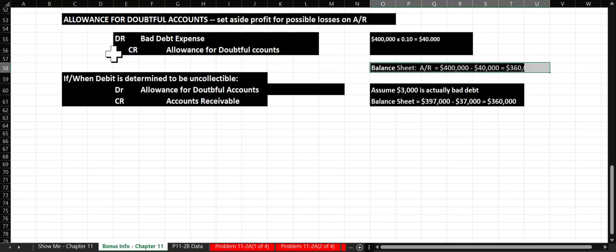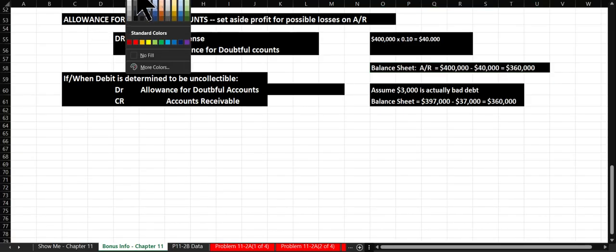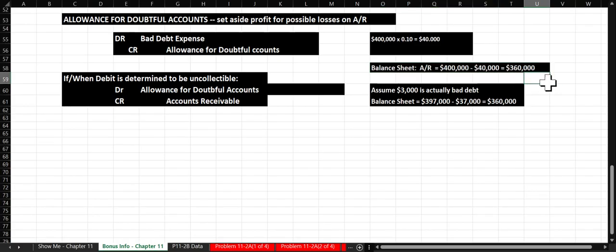Now, that, of course, is going to be what you see on the balance sheet. So the net receivables, as it's sometimes referred to, is $360,000. So to set up the allowance, we would debit bad debt expense and credit allowance.